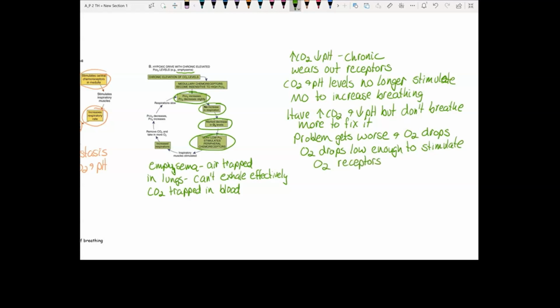So now you finally get a signal, you get some working receptors, because remember, in a healthy person, you're not using those receptors. So you've gone your whole life until you got emphysema, not using these receptors really. So they're all fresh and new yet. So they work just fine, and they stimulate the breathing, and you get increased breathing.